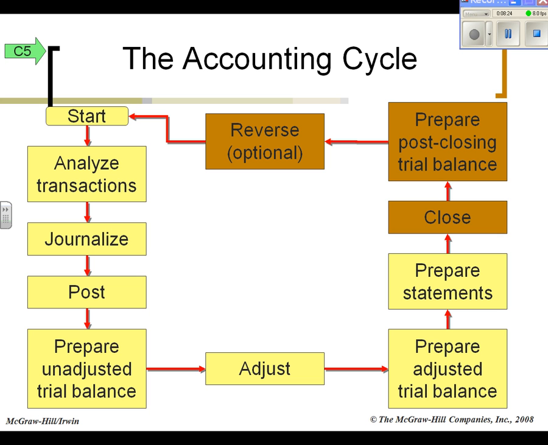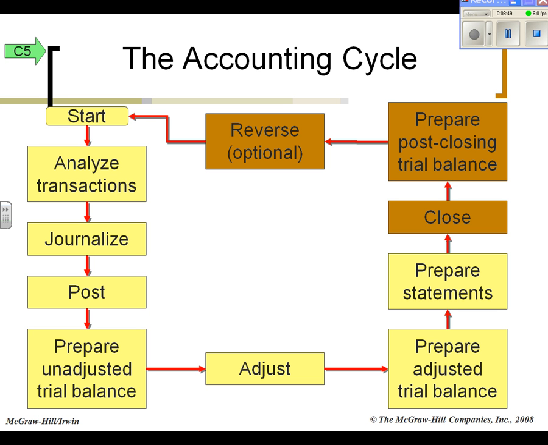All right, finally, here's the accounting cycle. What we've learned so far: you're going to analyze transactions. You're going to journalize those transactions in the general journal. That's your original book of entry. Then you're going to post them to the general ledger or your T accounts. And then you're going to prepare an unadjusted trial balance.